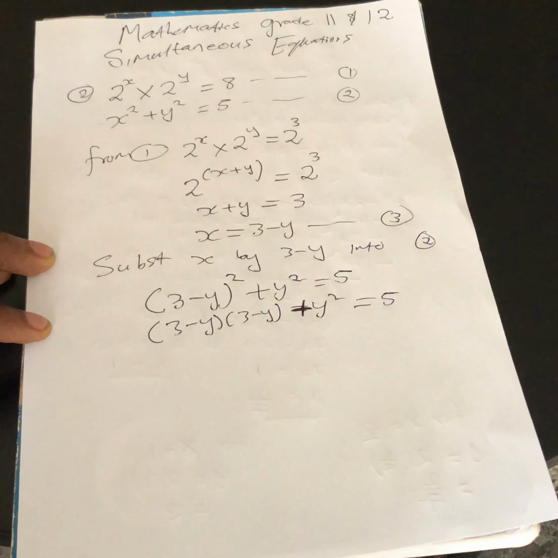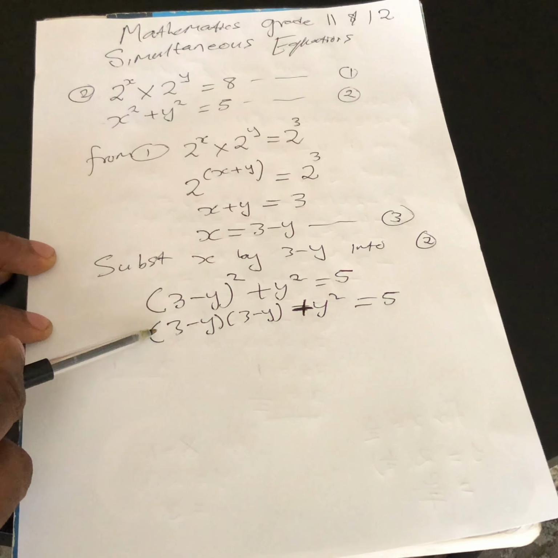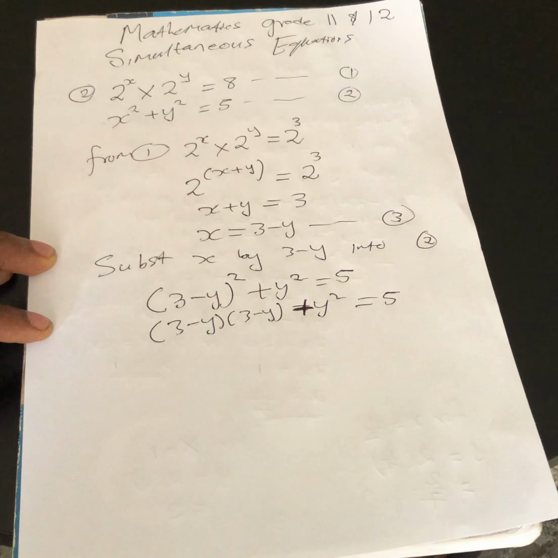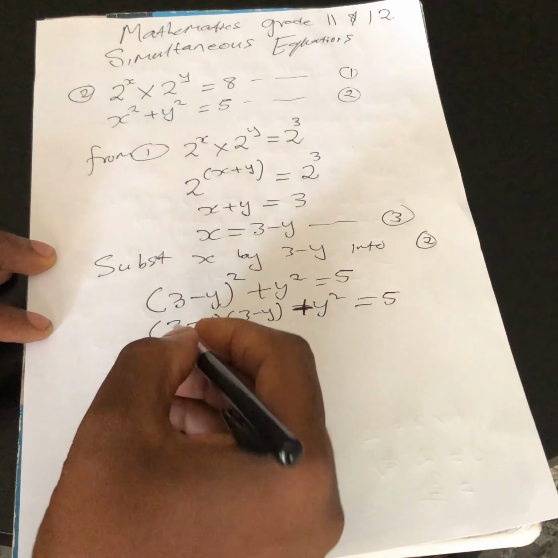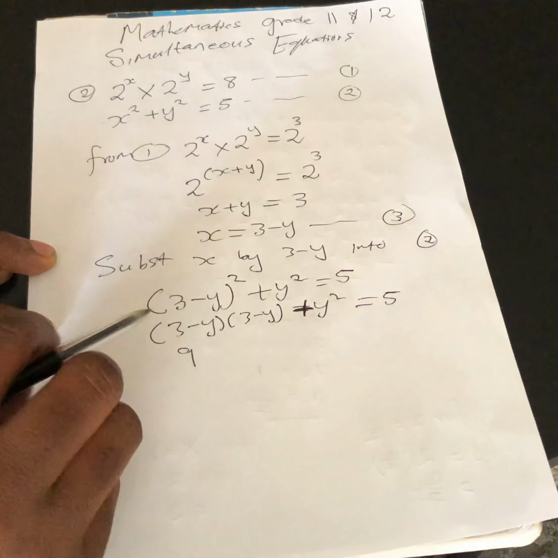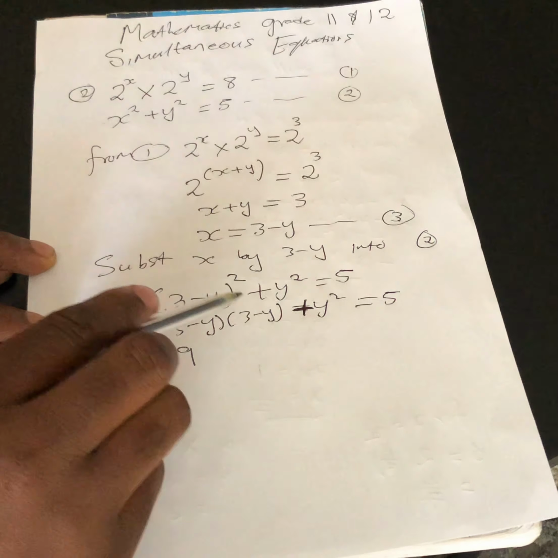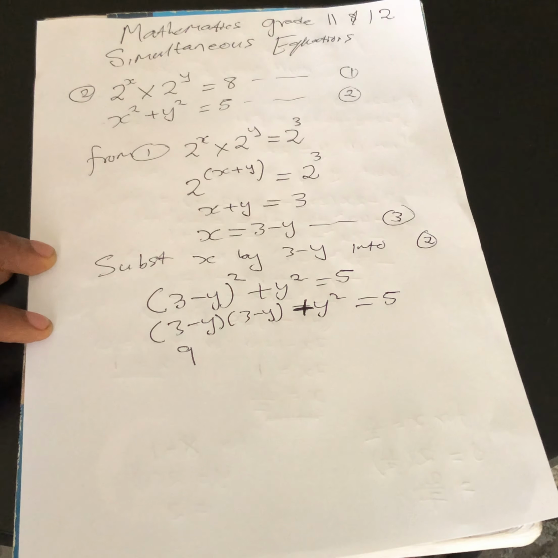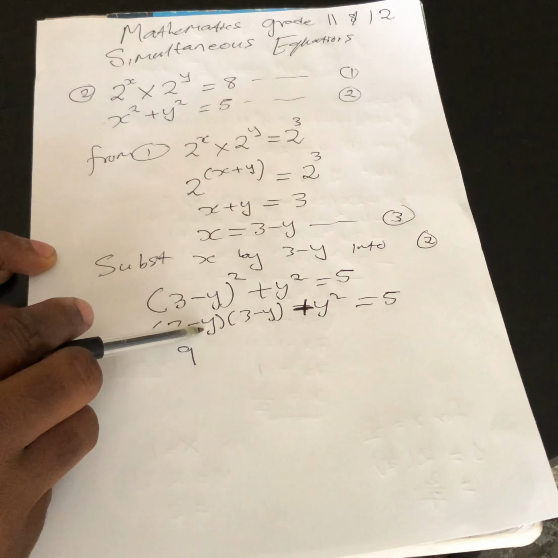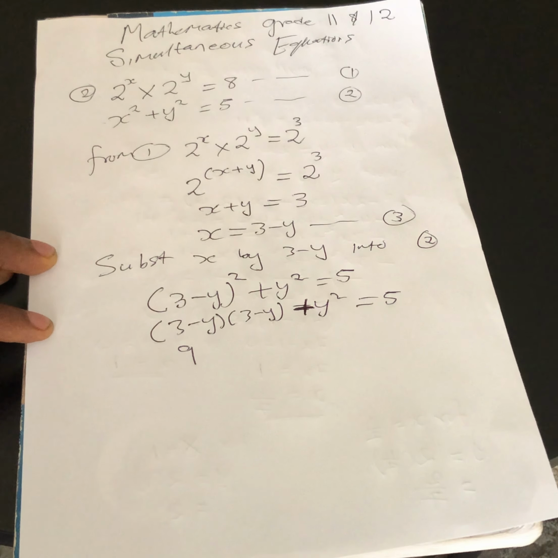Now the next step is to multiply the first bracket with the second bracket. 3 multiplied by 3 is 9. 3 multiplied by negative y is going to be negative 3y. Then this multiplied by this is going to be negative 3y.